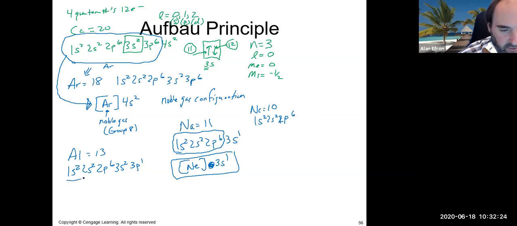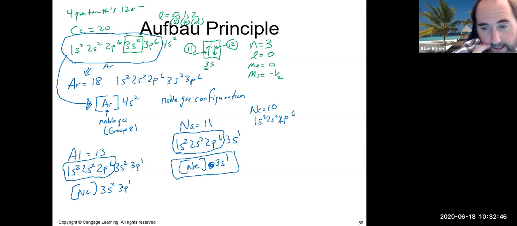If we cordon off up to here, that is 10 electrons. And again, that would be the noble gas that comes before aluminum, and that's neon. And then we would just continue on with our configuration here, which will get us to 3s2 and 3p1.